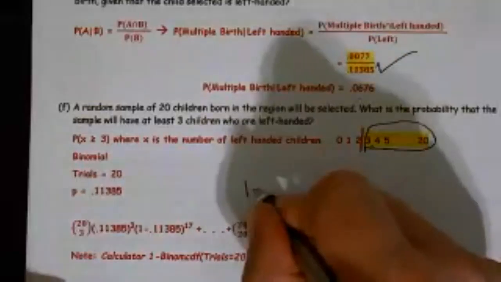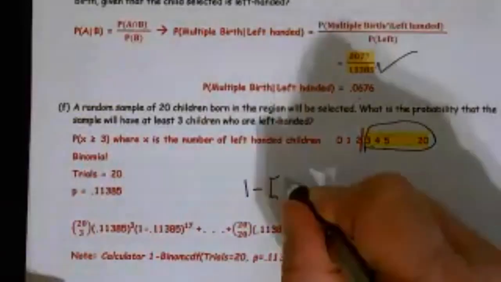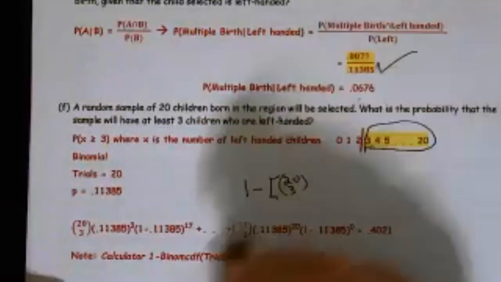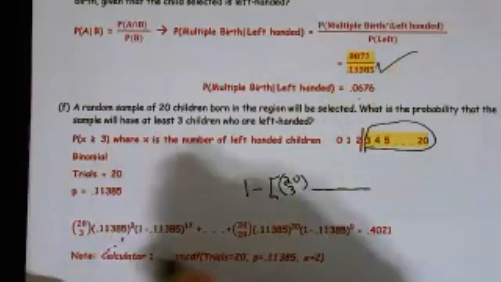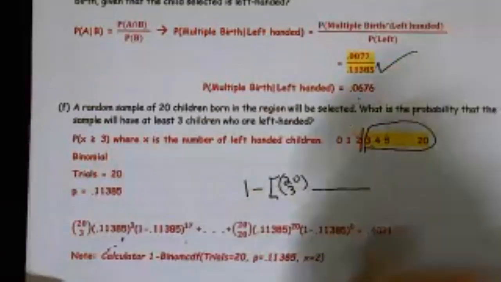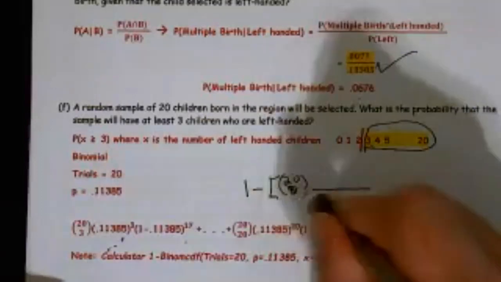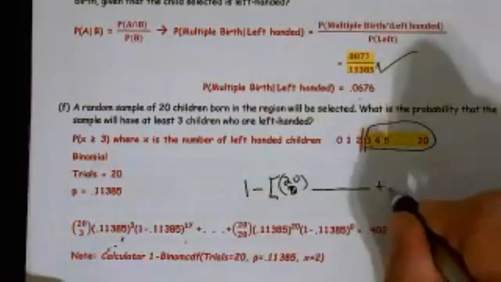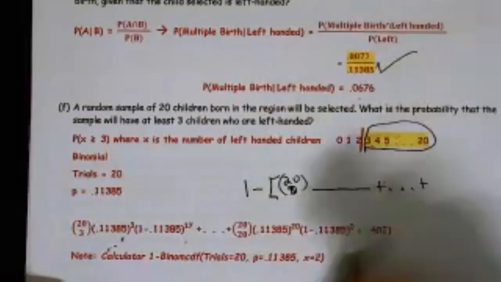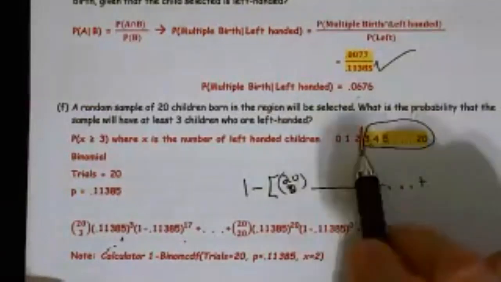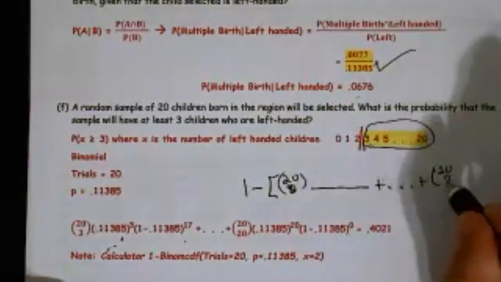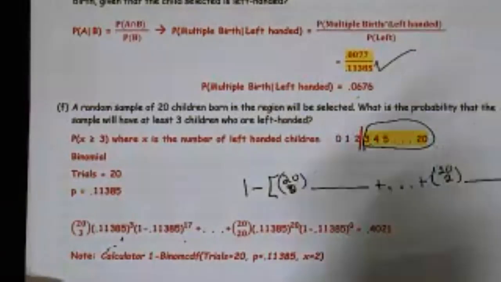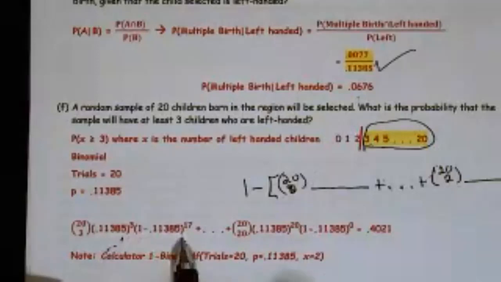Alternatively, you could do 1 minus 20 choose 0 plus dot dot dot plus the highest thing we don't want, which would be 20 choose 2, because I'm going to have to include this part as well.